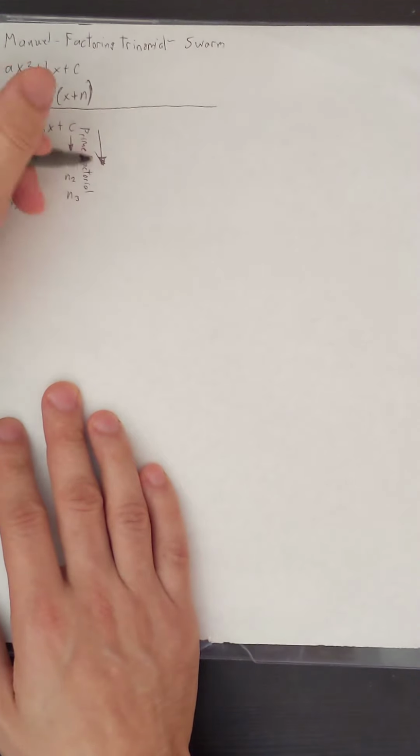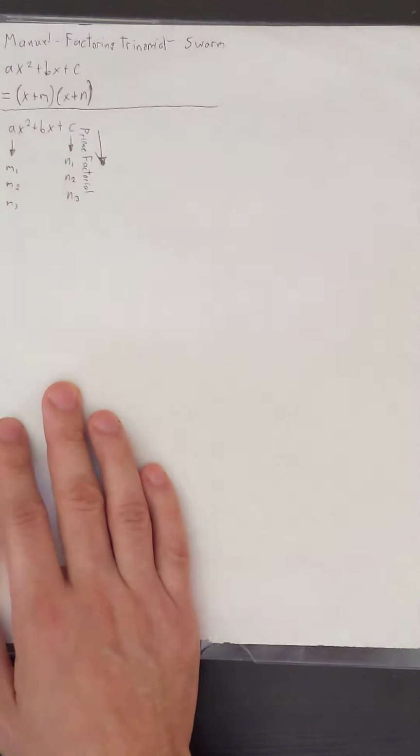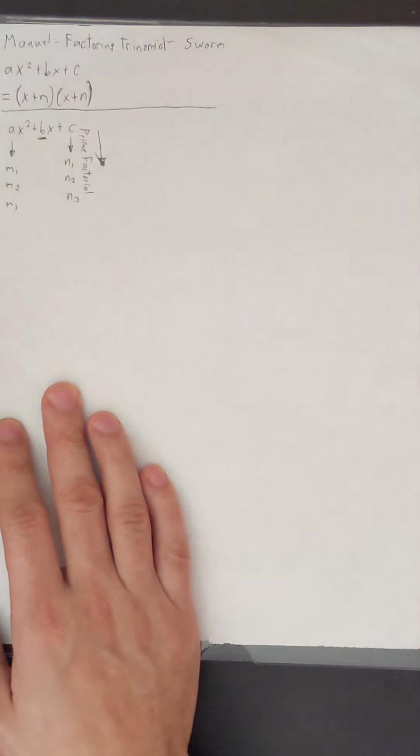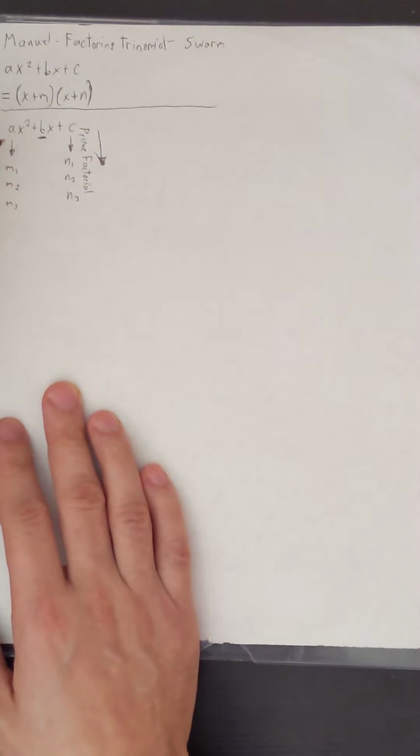We're going to swarm these, and also we're going to want to know what the b variable is. But assuming that we know the answer for b and we know the answer for a and c, so basically we know everything except x, this is where we can swarm them together.